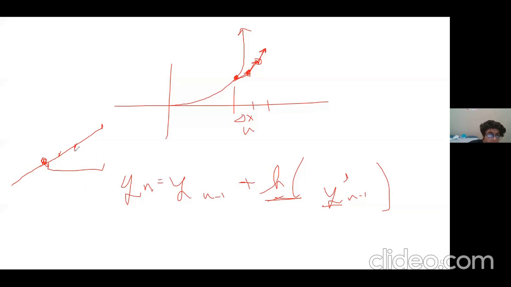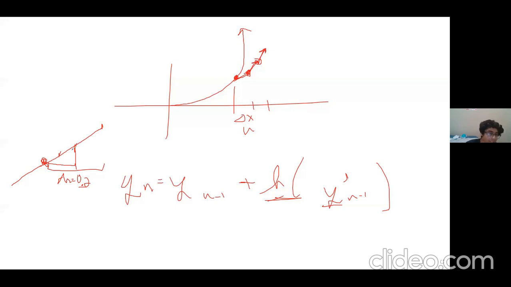So if we decide, okay, h is like 0.2, it's going to normally be a pretty small fractional decimal value. Then you're going to multiply this slope by this small thing, and then it'll be like rise times run.